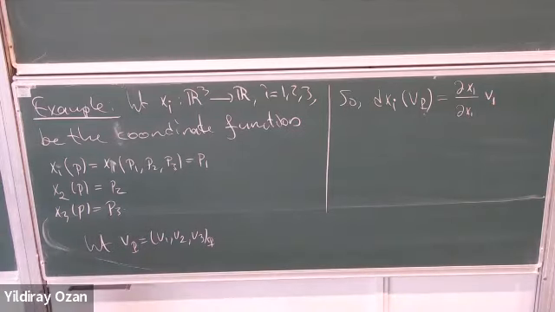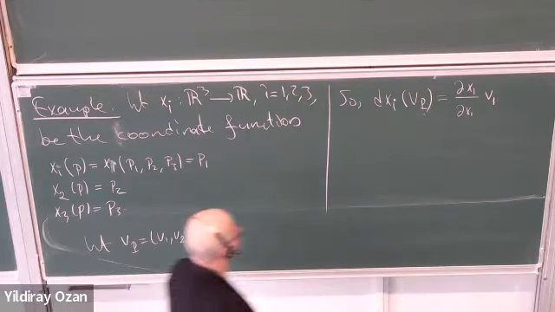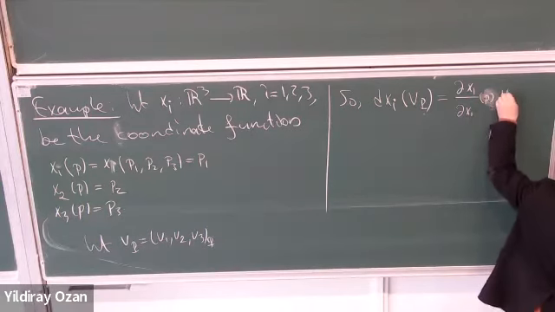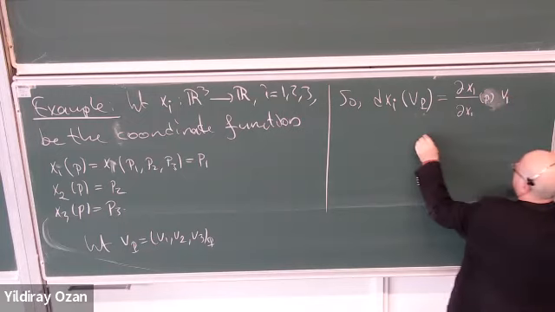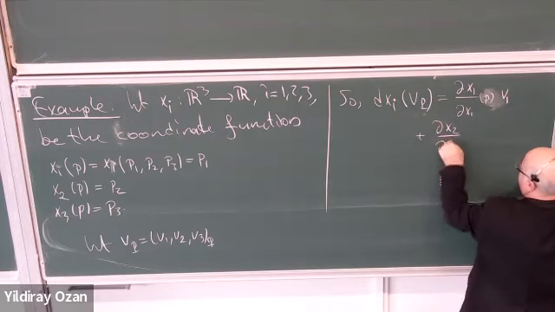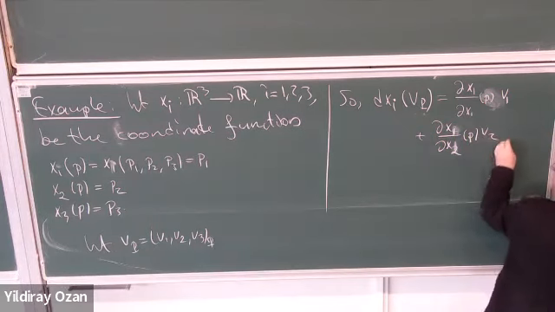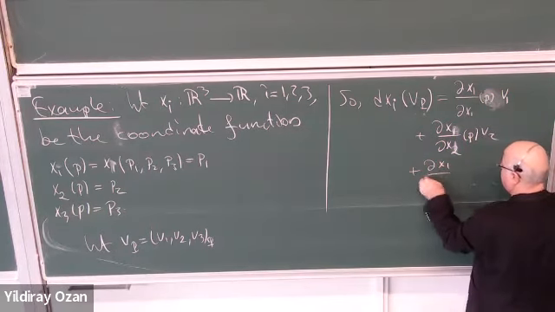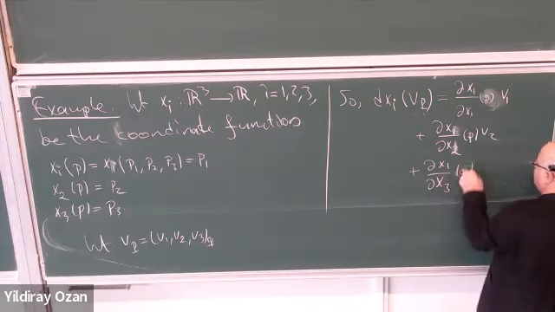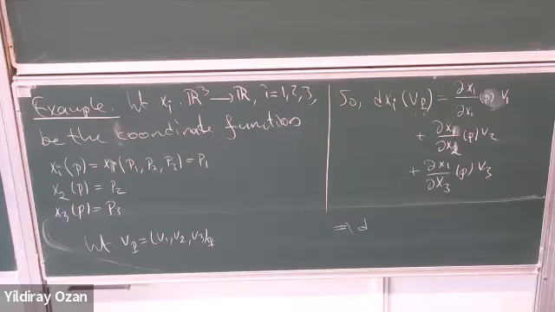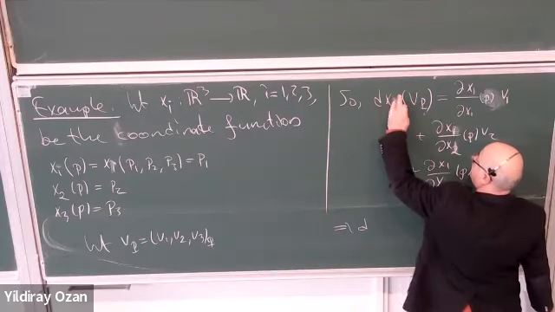So I am using this formula at the point p, of course, v1, and then x1 here, x2 here, v2, plus v3.